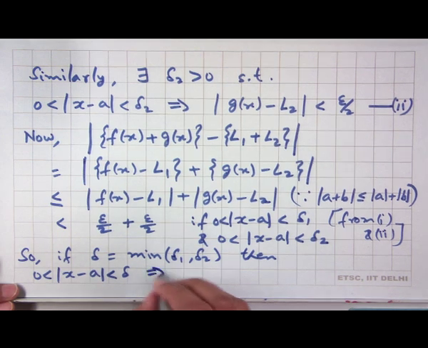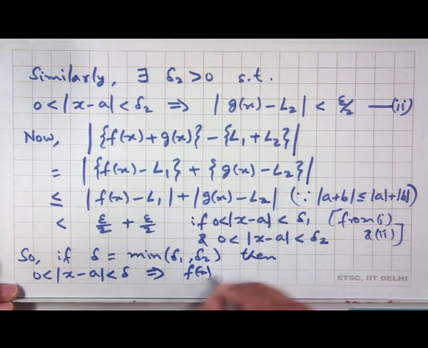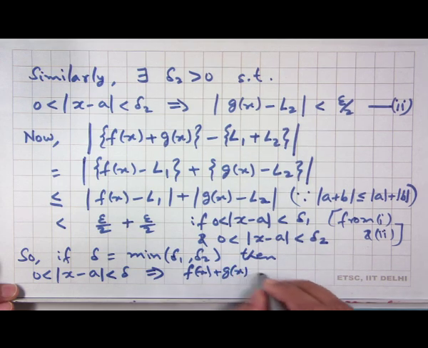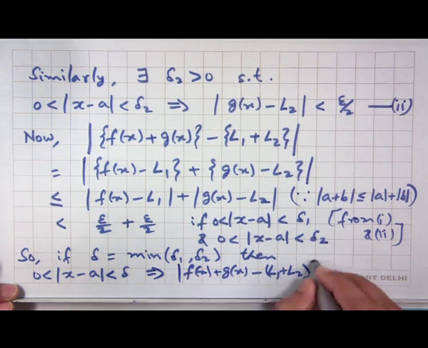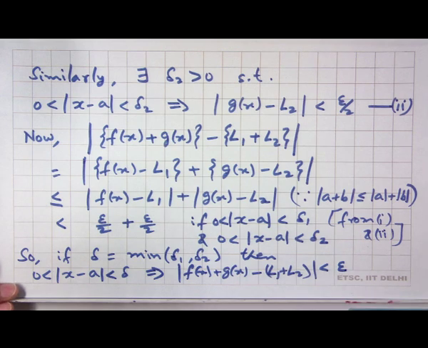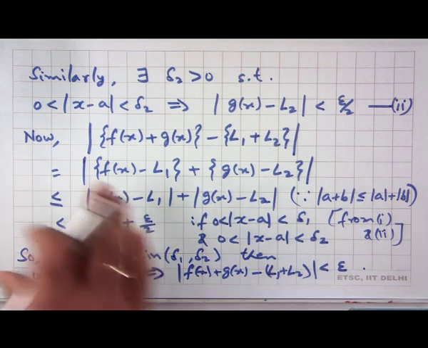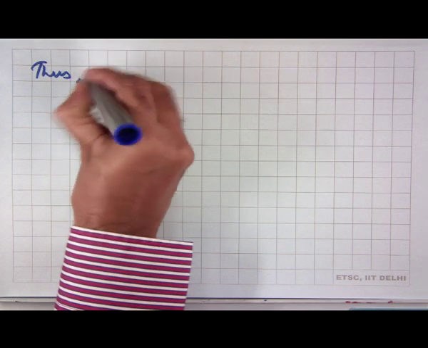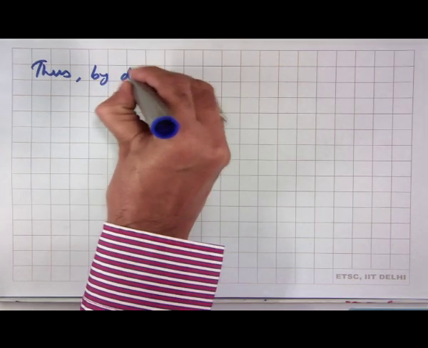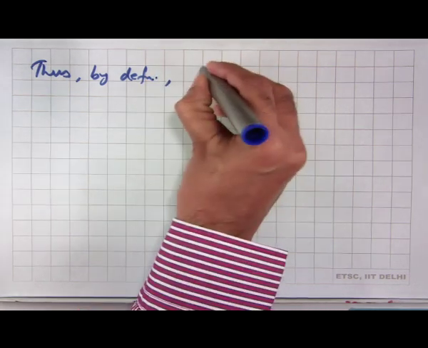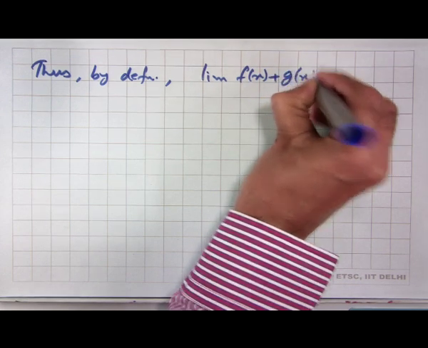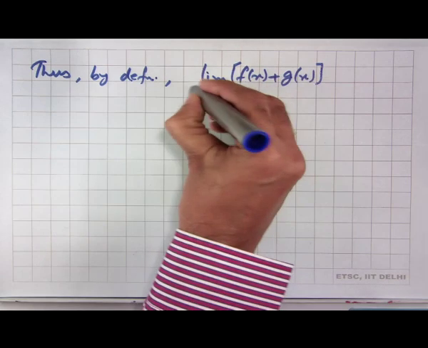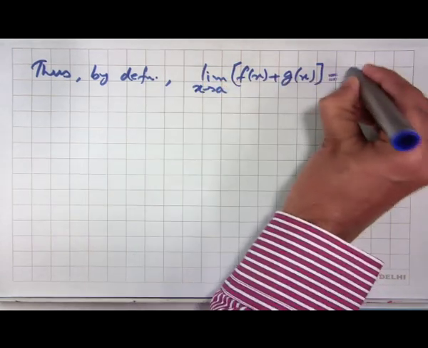This will imply that mod of f x plus g x minus L 1 plus L 2 is less than epsilon. Thus, by definition, limit of f x plus g x is equal to L 1 plus L 2.